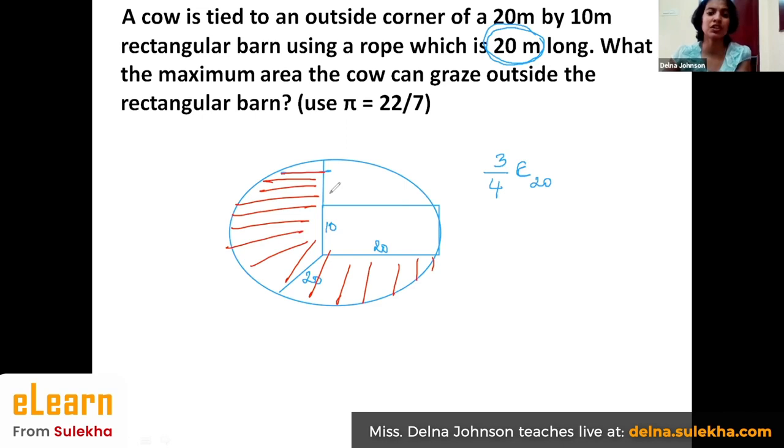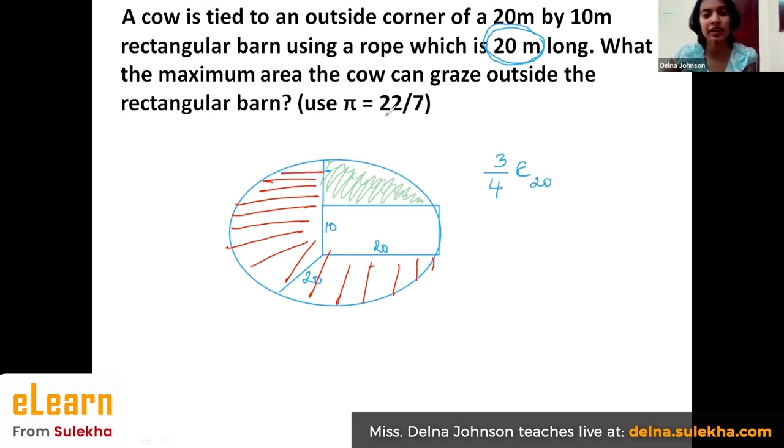This is the circle of radius 20, which is the 3/4 part of the circle. Now this part outside the rectangular barn, the cow can also graze.